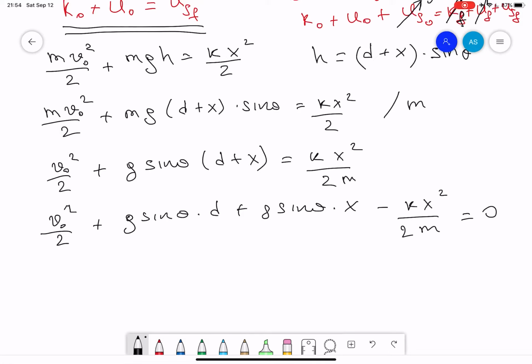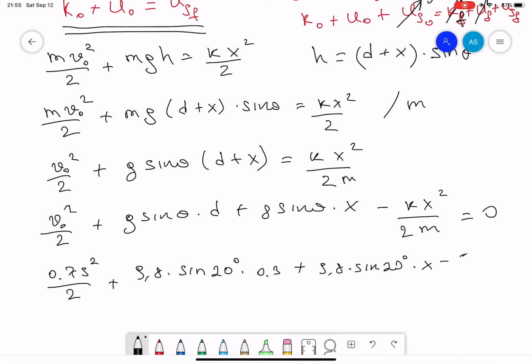Now let's plug in the numbers. First of all, we have the initial velocity, 0.75 squared over 2, plus g is 9.8 multiplied by sine 20 degrees multiplied by d, which is given as 0.3, plus g is 9.8 multiplied by sine 20 degrees multiplied by x, minus k, which is equal to 500.